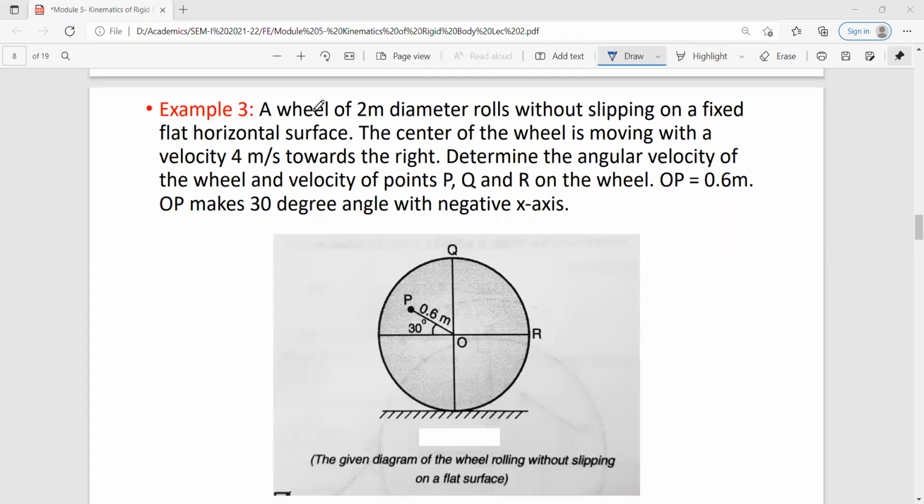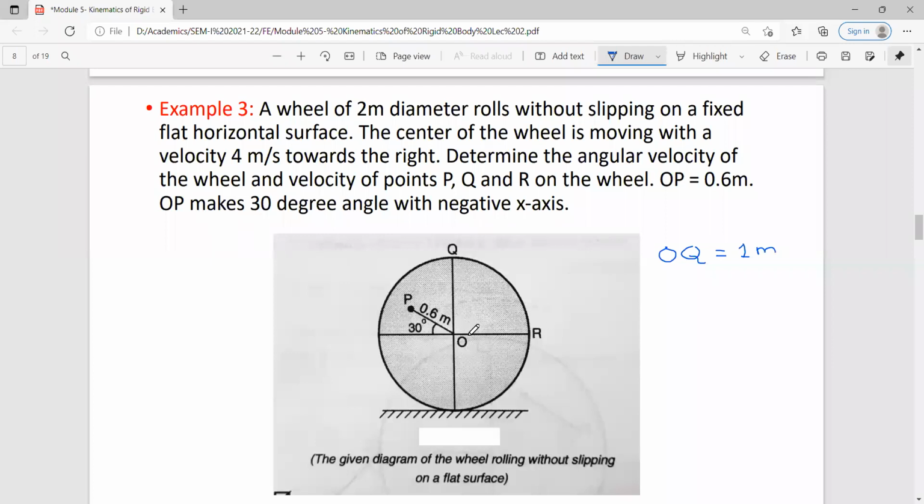Okay, guys, so let us try to solve this. It is given as a wheel of 2-meter diameter. So the diameter is given as 2 meter. So its radius, the distance OQ, will be nothing but half of the diameter, that is 1 meter.